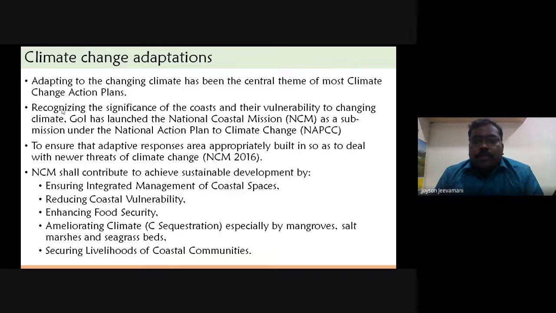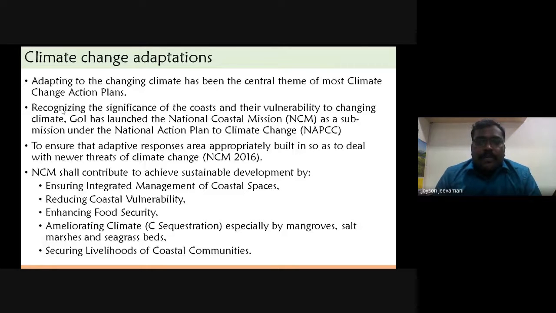What people are looking for is adaptation, climate change adaptation. Adapting to a changing climate has become the central theme of most climate change action plans. In India, we have the National Action Plan on Climate Change (NAPCC). It has different missions, one among them being the National Coastal Mission. The National Coastal Mission considers the significance of the coast and its vulnerability to the changing climate.